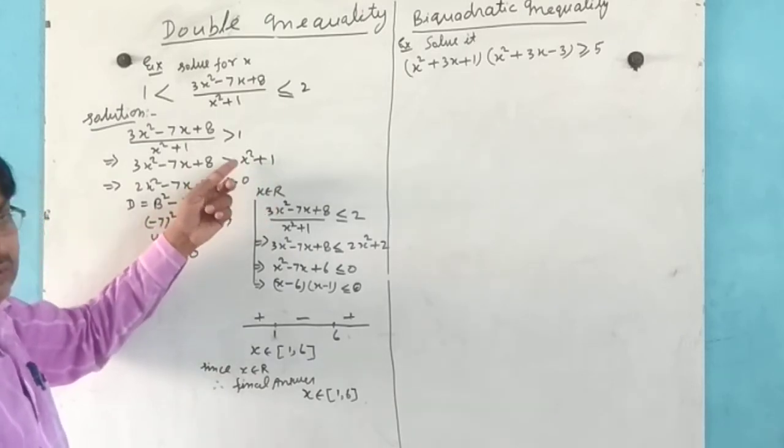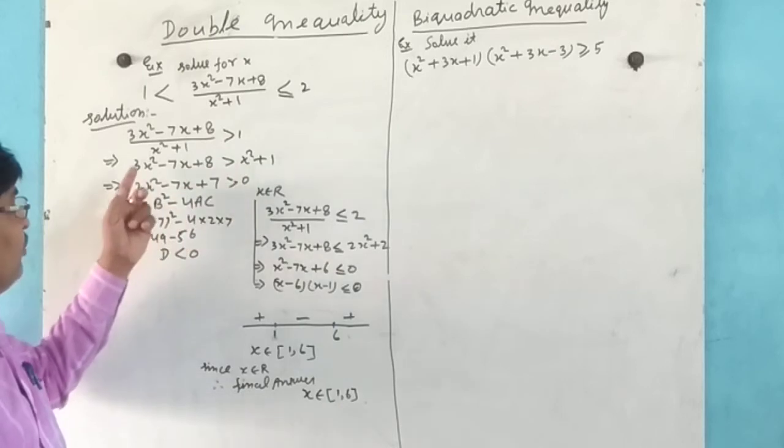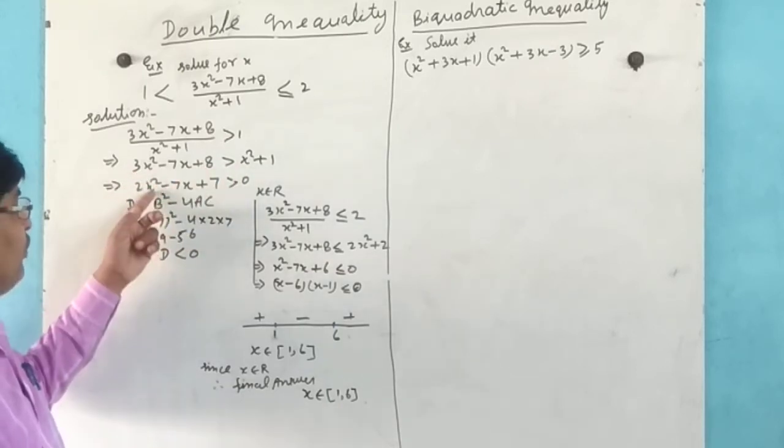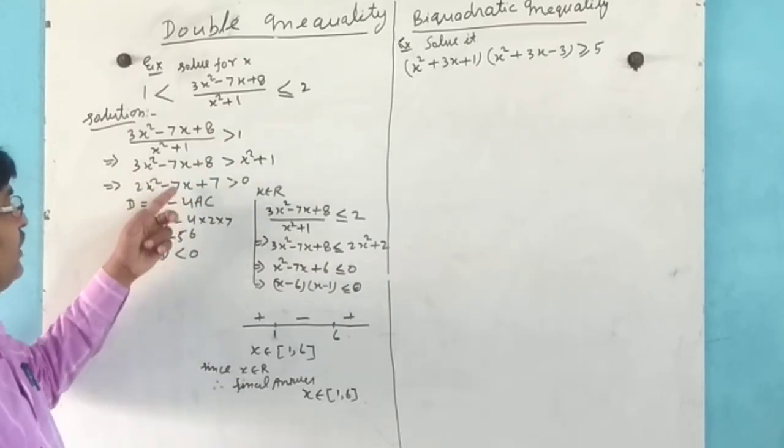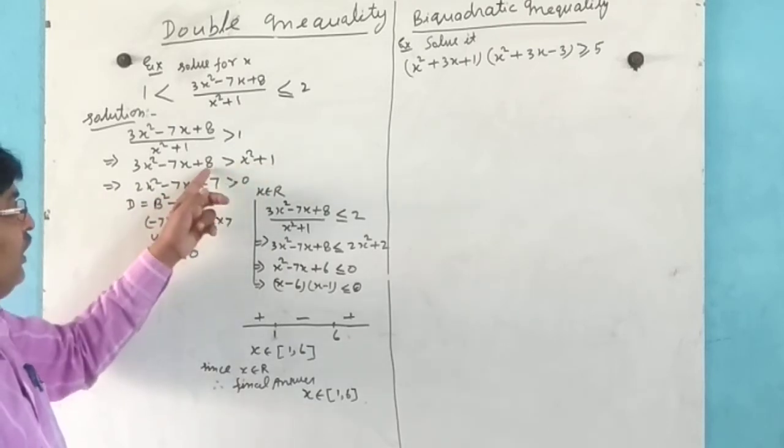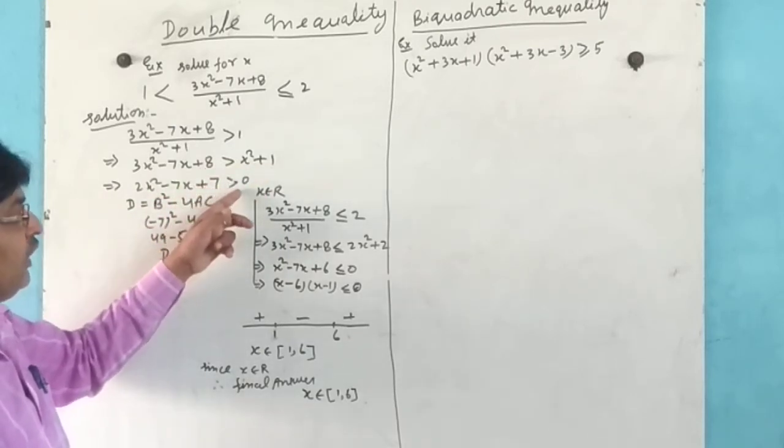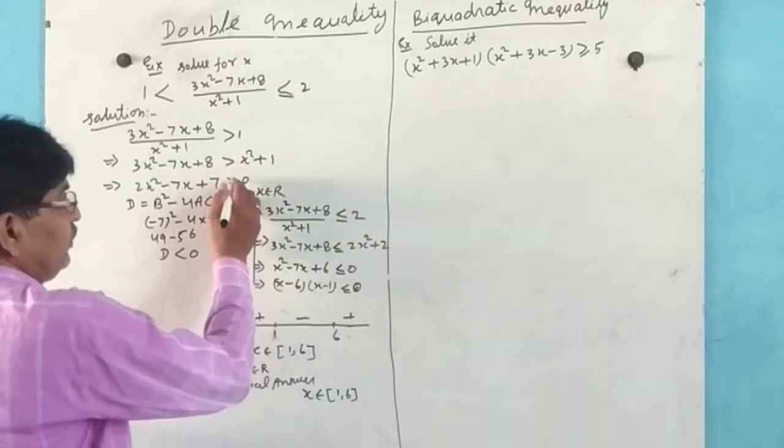Now change the side: x square comes here, 3x square minus x square gives 2x square minus 7x, and here 8 minus 1 is equal to 7, that is greater than 0.